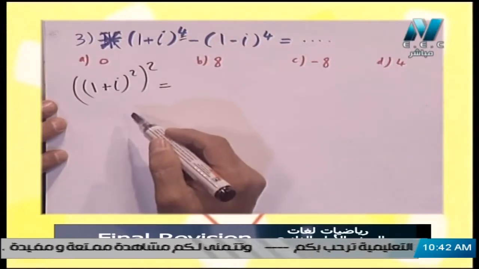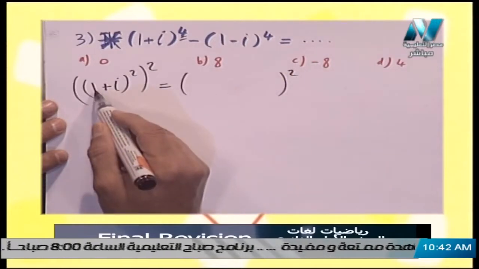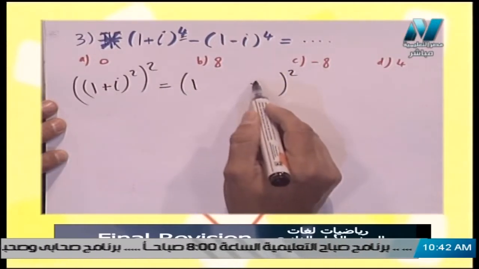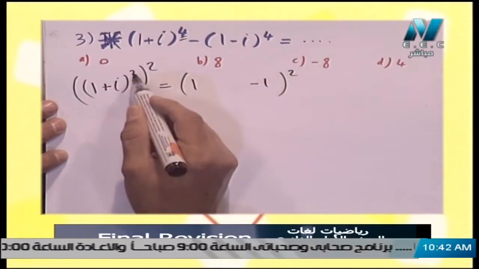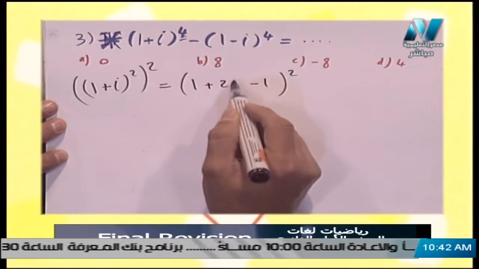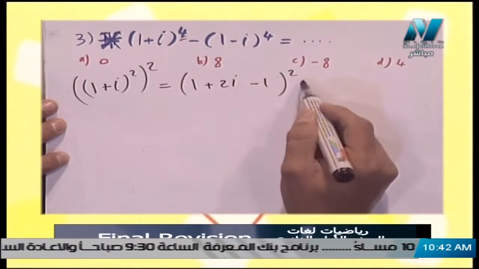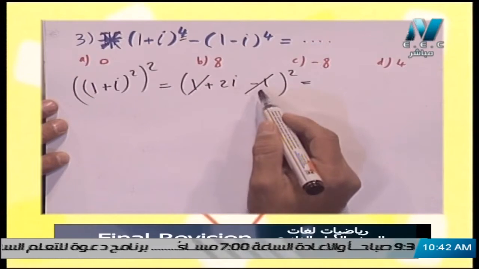And this is equal to 1 power 2 equals 1, and i power 2 equals negative 1, and 2 multiply 1 multiply i equals positive 2i. Okay, negative 1 cancelled with 1, or 1 plus negative 1 equals 0.